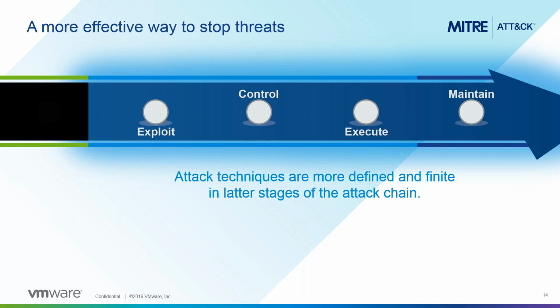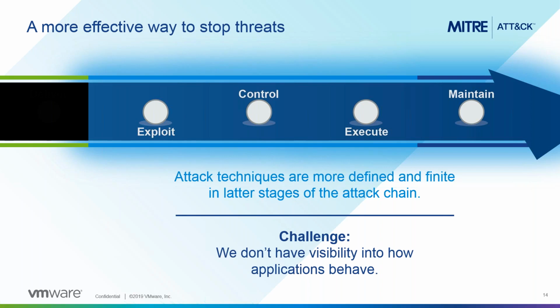So in other words, we have a finite set of things that an attacker has to do in the later stages of an attack versus an infinite number of things in the delivery phase. And so if we can stop these techniques from being able to execute, we effectively break the attack chain and stop the threat.